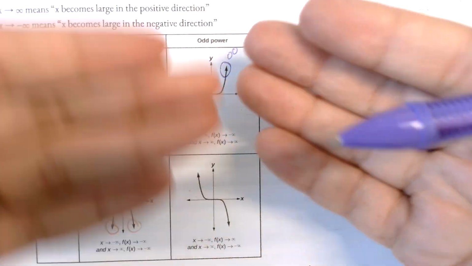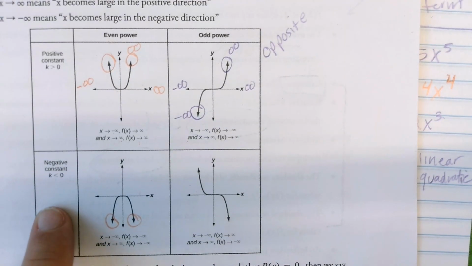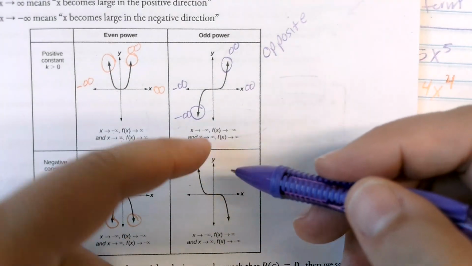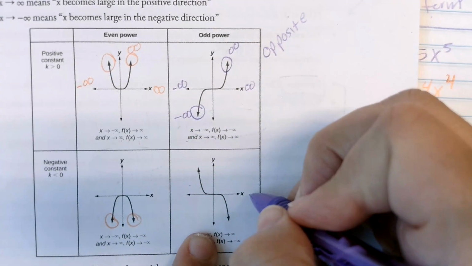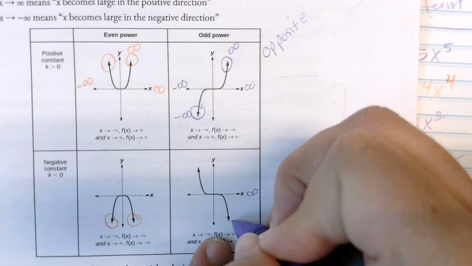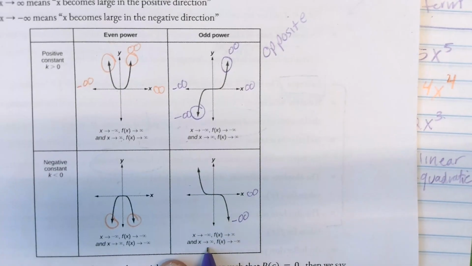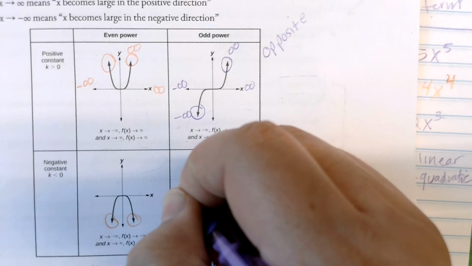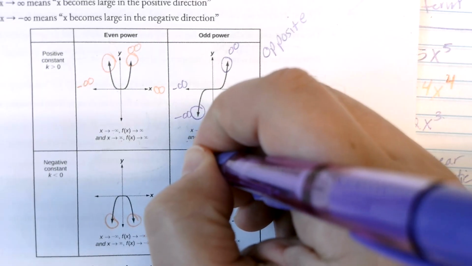And then when we reflect that over using a negative coefficient, the opposite happens. So a positive infinity goes to negative infinity. That's this line right here. As x approaches positive infinity, y approaches negative infinity. And then this line, as x approaches negative infinity on this side, y is approaching positive infinity.